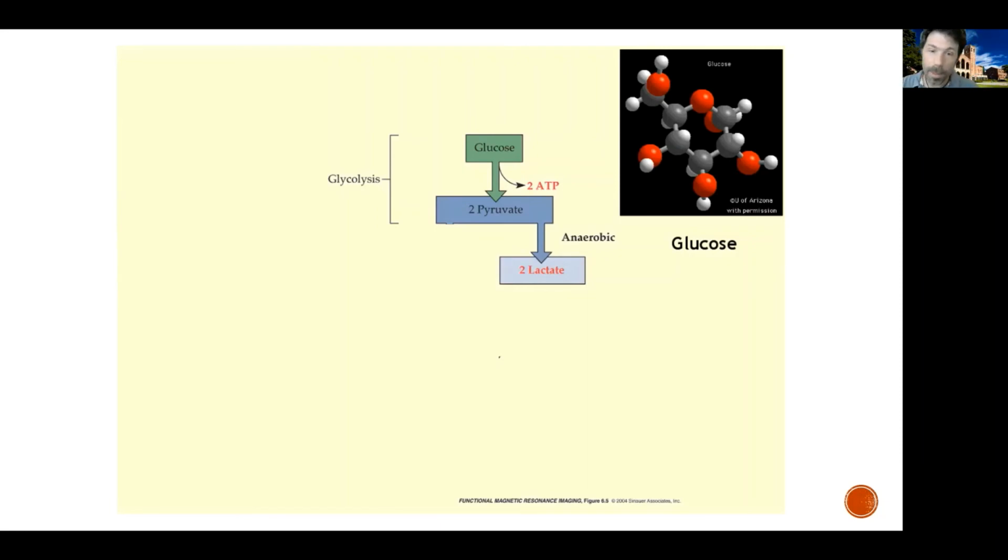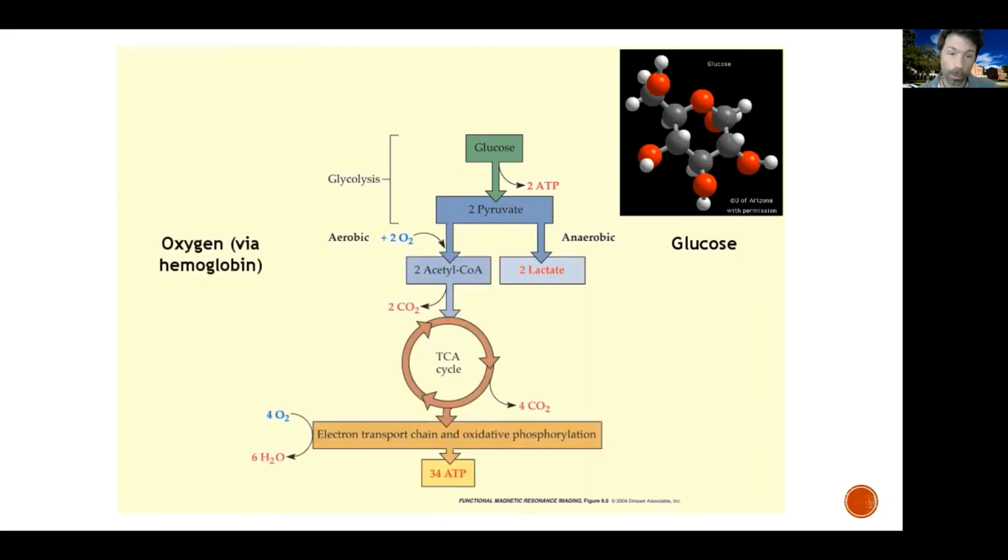On the other hand, if there also are molecules of oxygen available, and this happens in various parts of the mitochondria, then a cascade of reactions is initiated, which ends up with pyruvate plus 2 molecules of oxygen leading to 34 additional molecules of ATP.